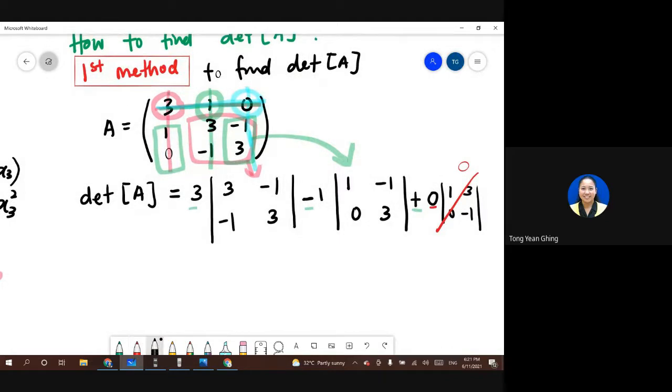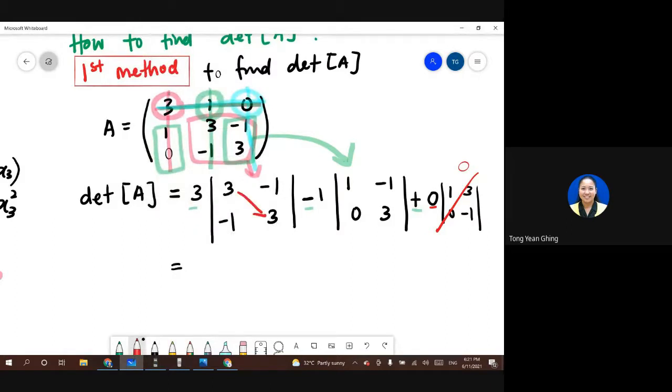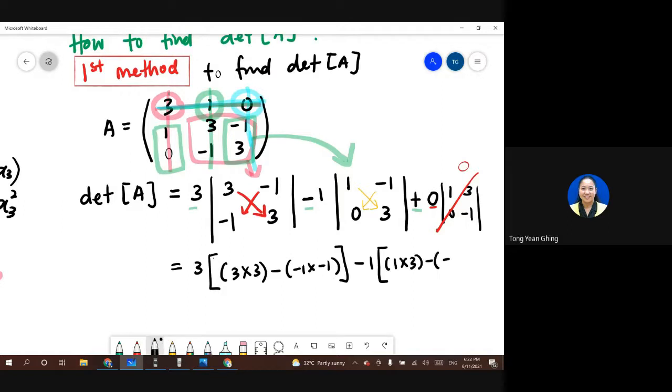So we do the next, we have to solve these determinants. Here, this 3 times 3 minus -1 times -1, we do the cross like this. Then minus, here same, this one times this one minus this one, so it becomes 1 times 3 minus -1 times 0, and this is 0.